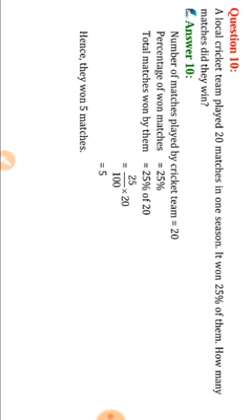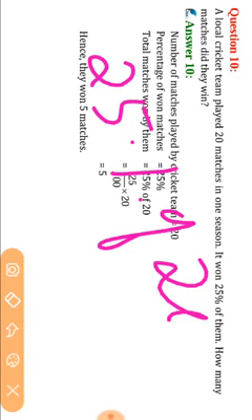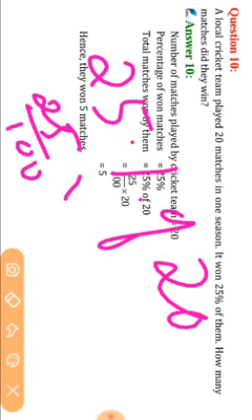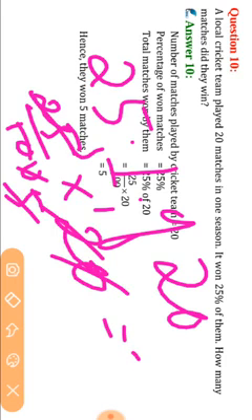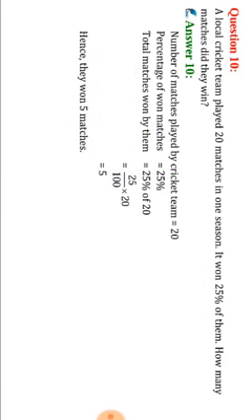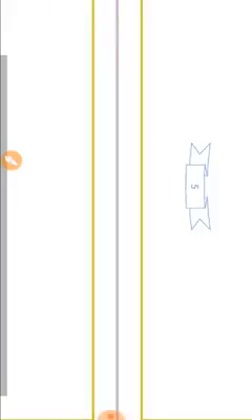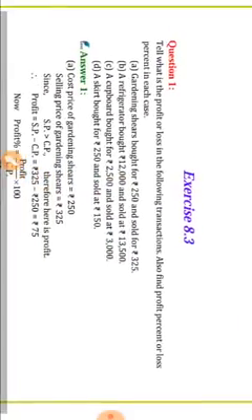They said 20 matches, so 25% of 20 we have to find. 25% means 25 by 100, of means into 20. The zeros get cancelled, 5 ones are 5, so 5 matches they won. This is all about exercise 8.2. Now go for 8.3.